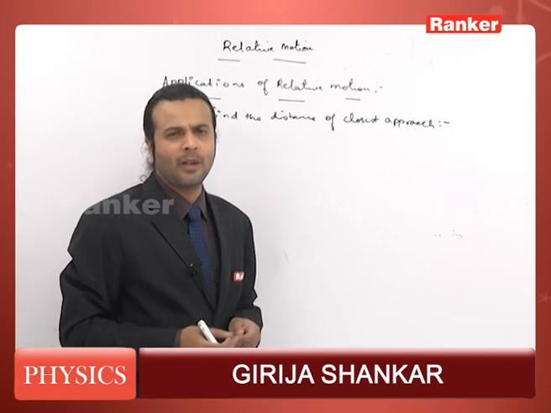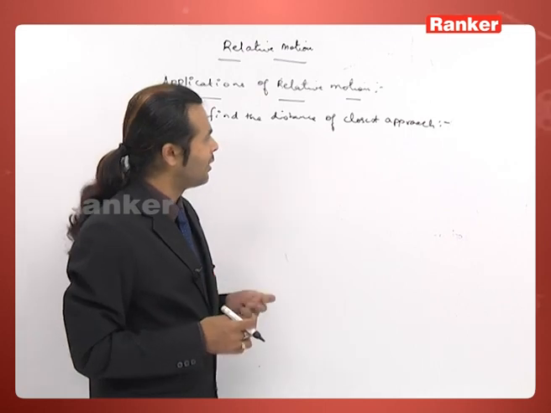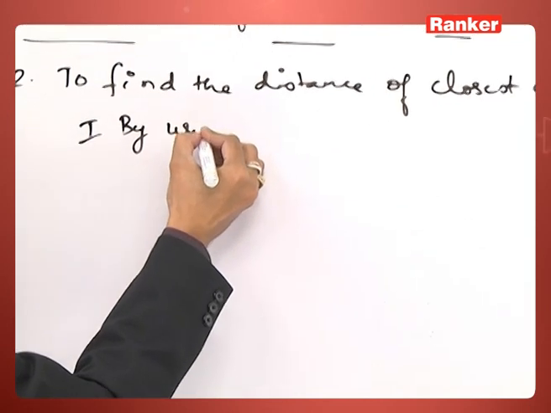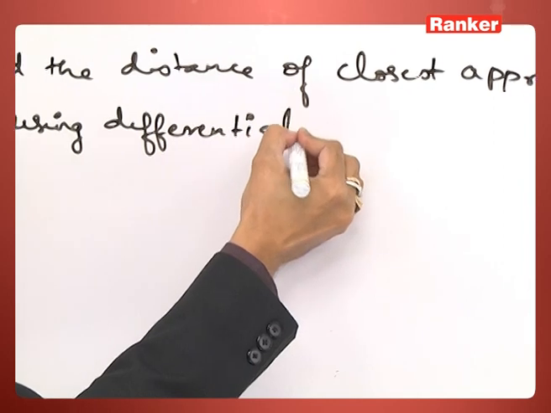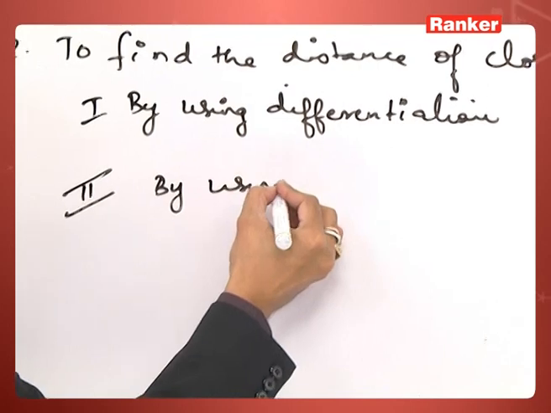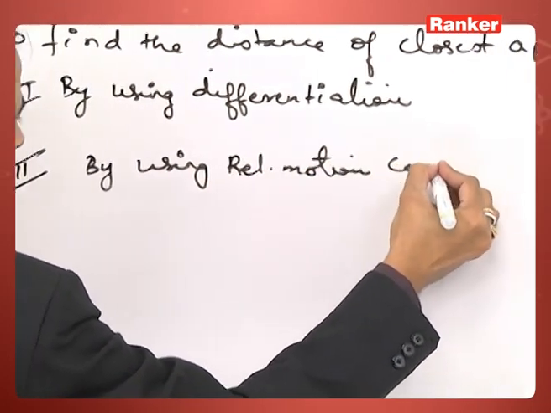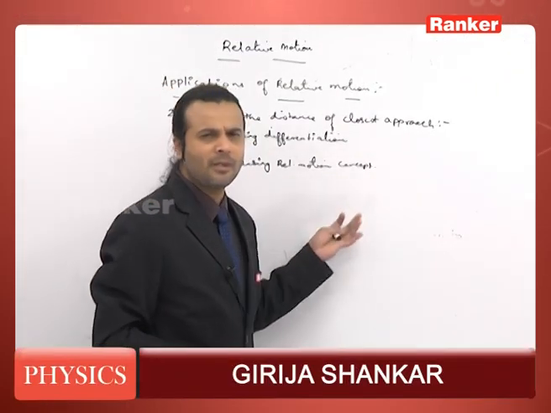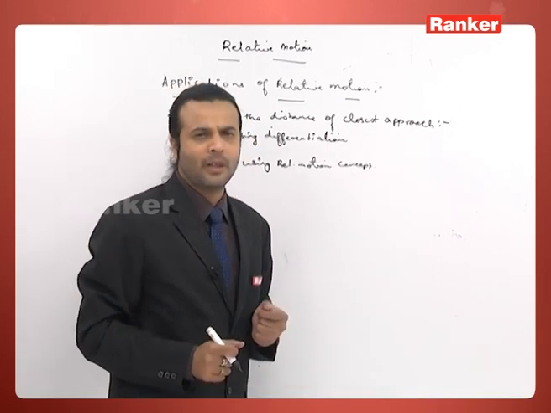At any instant of time the particles are at certain distances, and you can find the distance between the two particles, by using differentiation, or by using the relative motion concept. We can find it by many methods. So we'll explain by a certain problem to find the distance of closest approach.